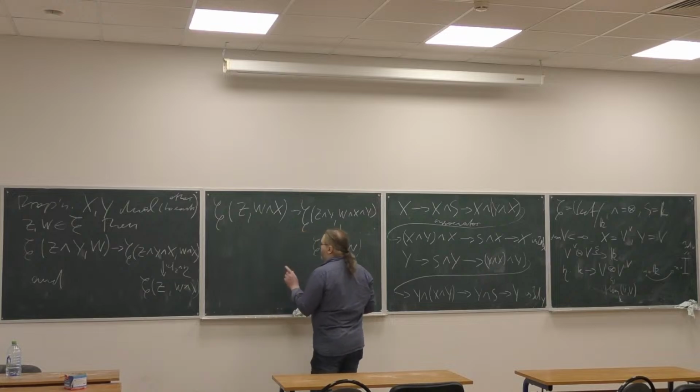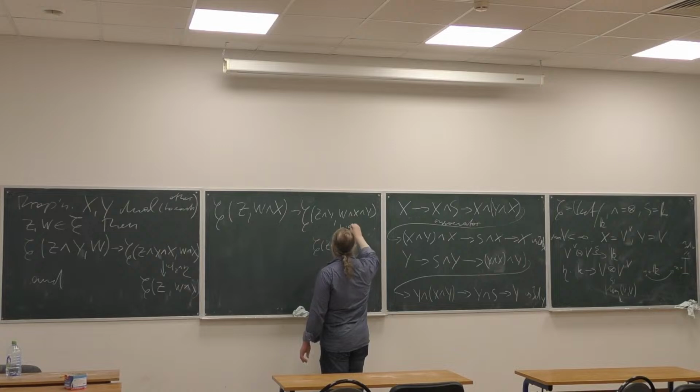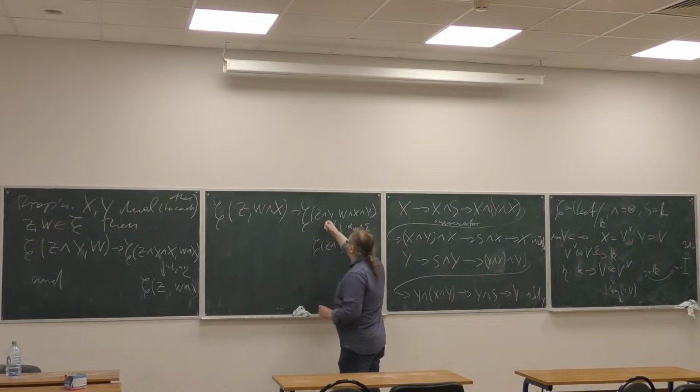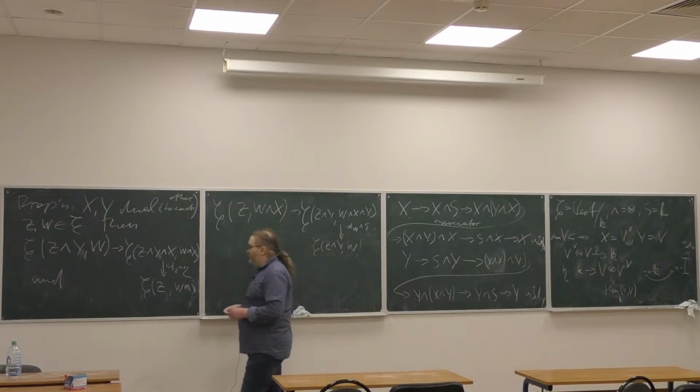This map is induced by the identity of W, wedge epsilon. So basically, we take a map from here and then compose it with the identity of W, wedge epsilon.